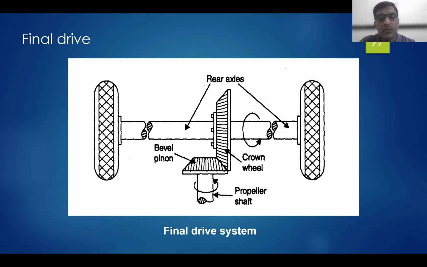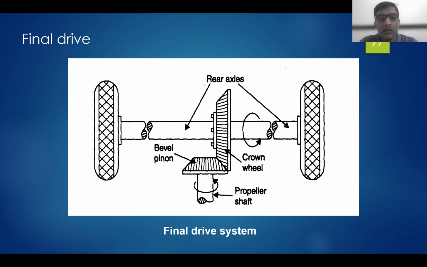So already we have seen the engine is producing power, working as a prime mover, through the clutch. That power is given to the gearbox. After the gearbox, there is the propeller shaft, which is rotating and provides power along the axis of the vehicle.